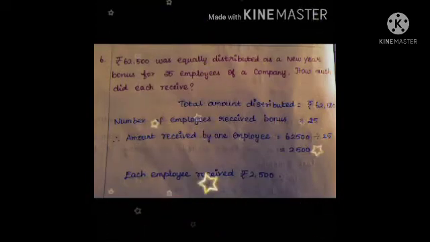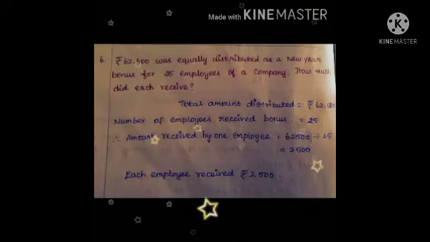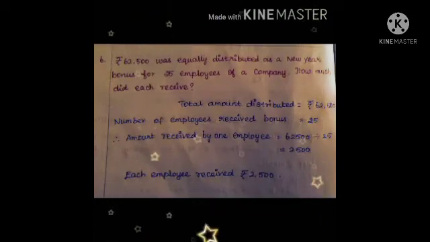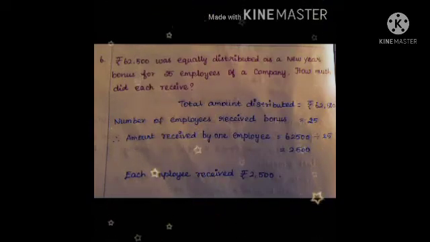Now what we want to do is find how many rupees each employee receives. See the next one. Amount received by one employee equals 62,500 divided by 25.